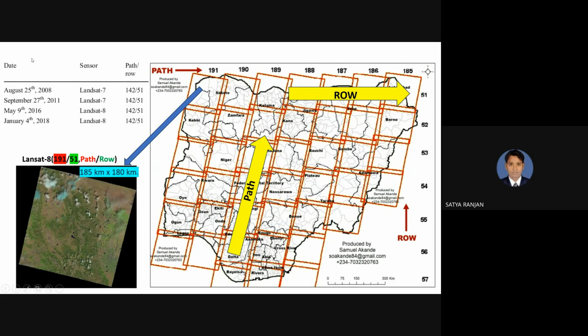In this tile or satellite image, the width and the length is 185 kilometer by 180 kilometer. The swath is like this, 185 by 180.